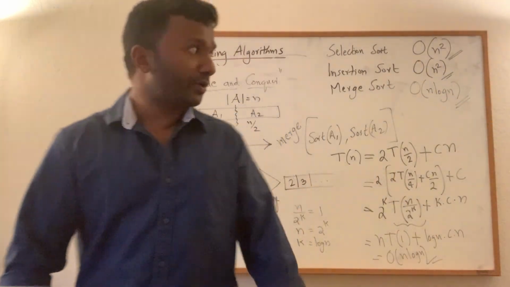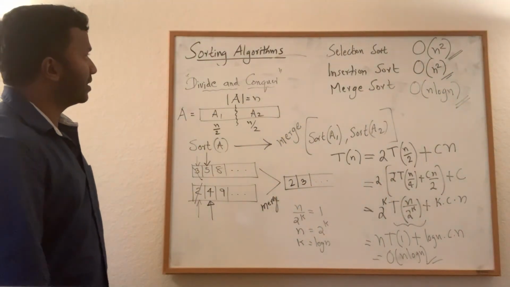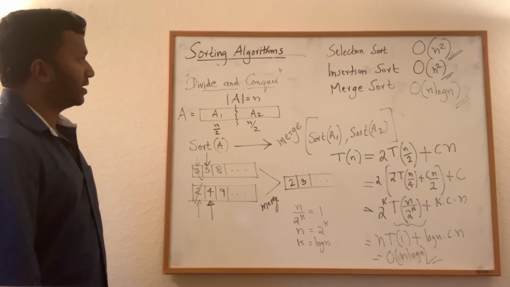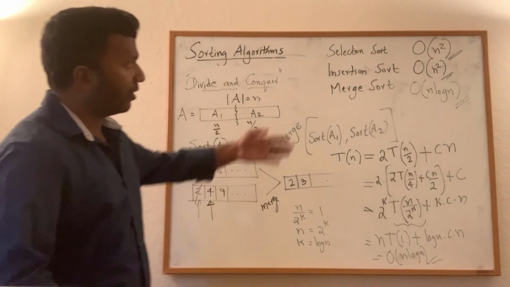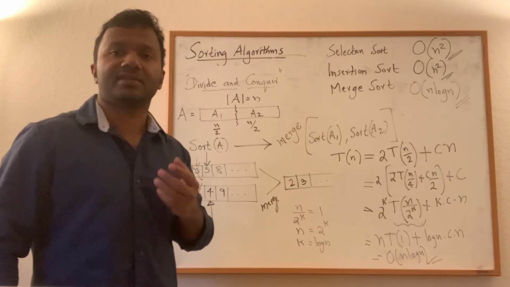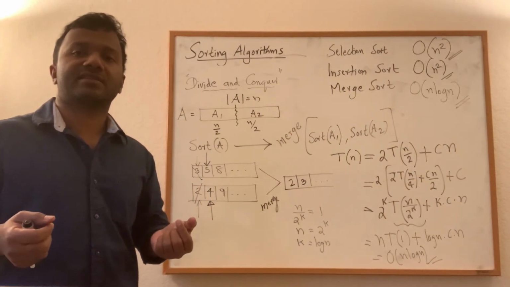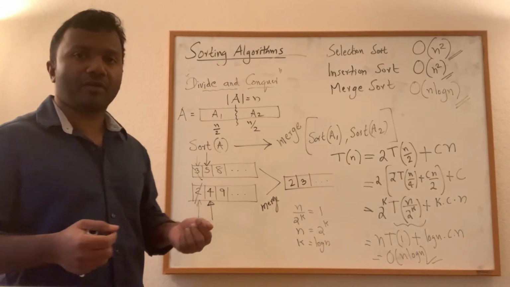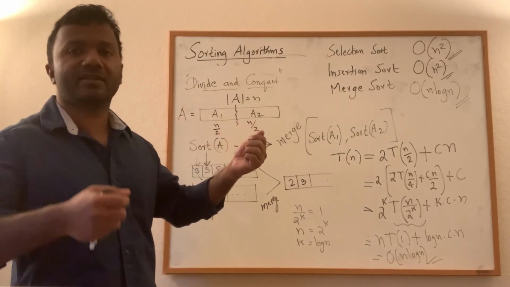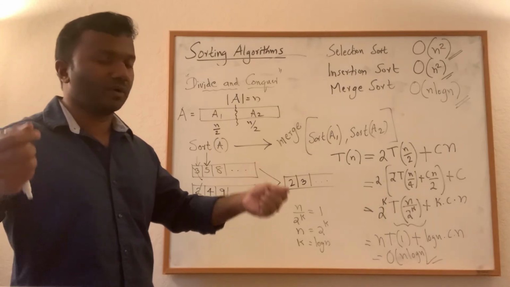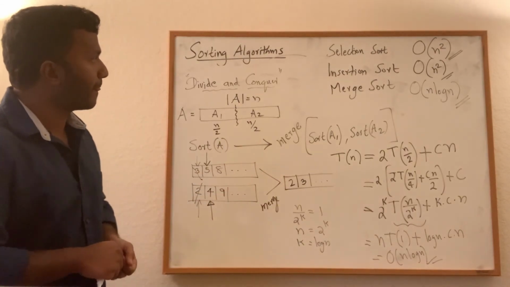Okay, so one thing I want you to notice at this point is the basic operation we have used in all of these sorting algorithms is comparison, which means comparison is the only way to figure out if one element is equal to the other one, or greater or less.